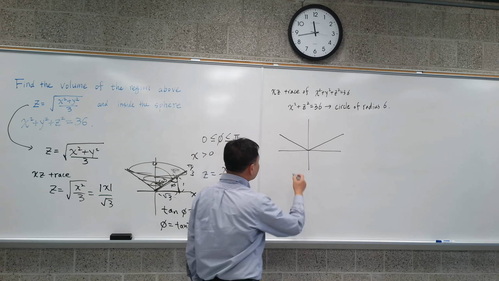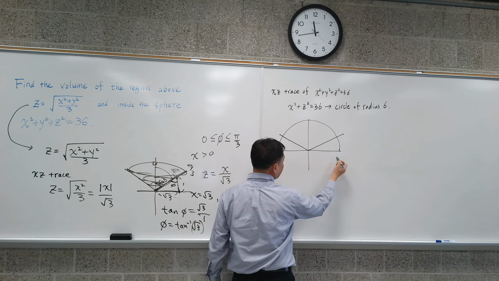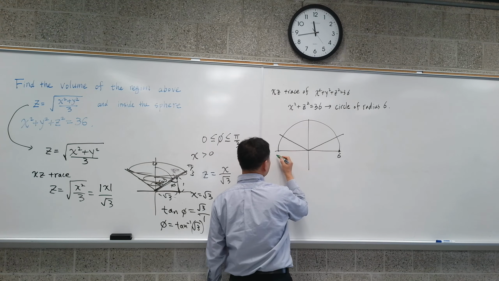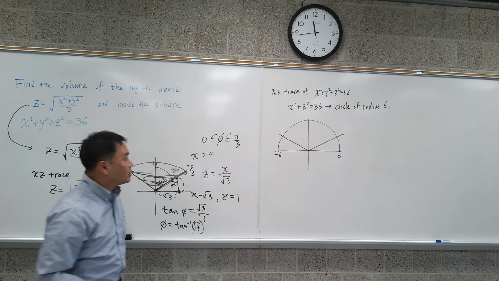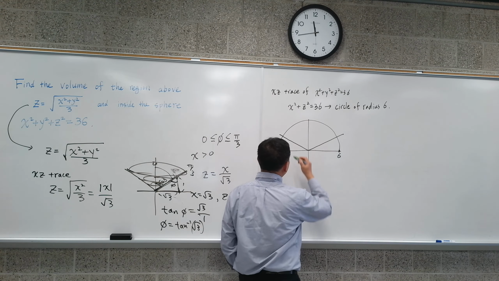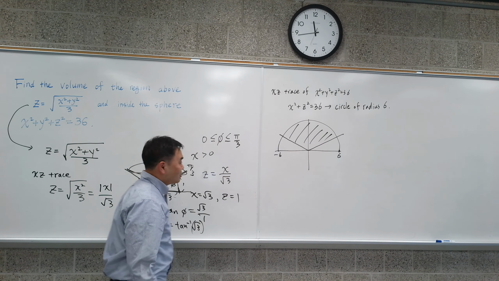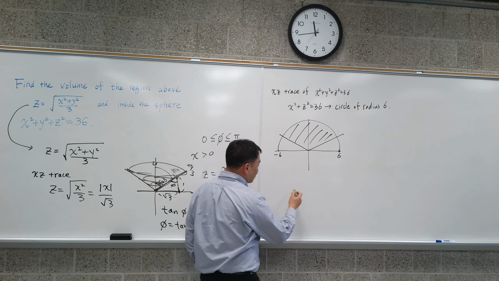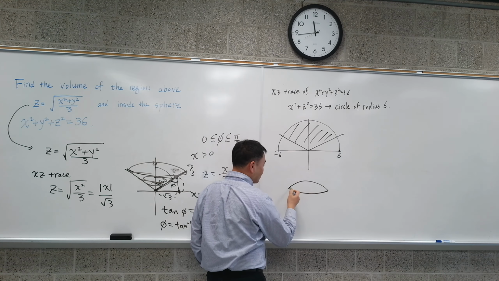And above it, there's a circle of radius 6 above it, okay? And the volume that we're trying to get is this three-dimensional object, okay? It's a bit hard to draw in three dimensions, but if I try my best, it's something like this.